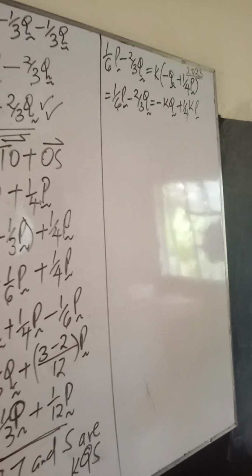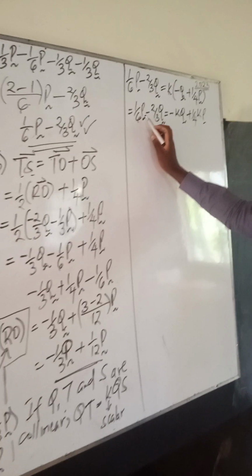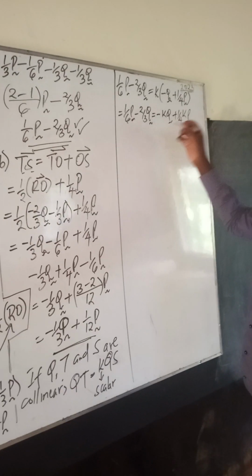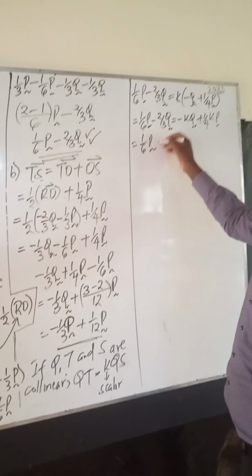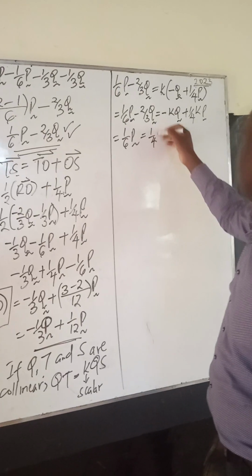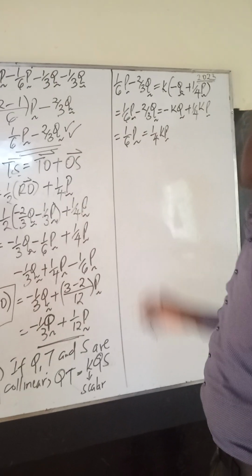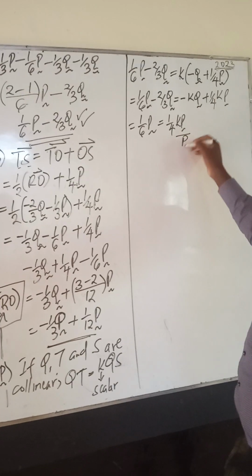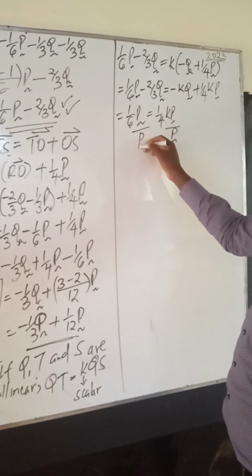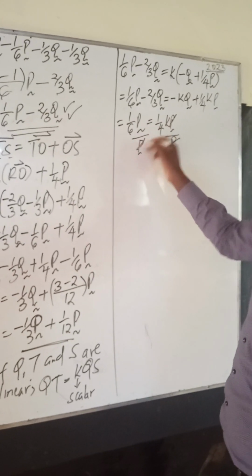At this point, we need to equate where there is P with where there is P on the other side. So this will be 1/6P equated to 1/4 KP. If I eliminate P by dividing by P, the P will cancel.